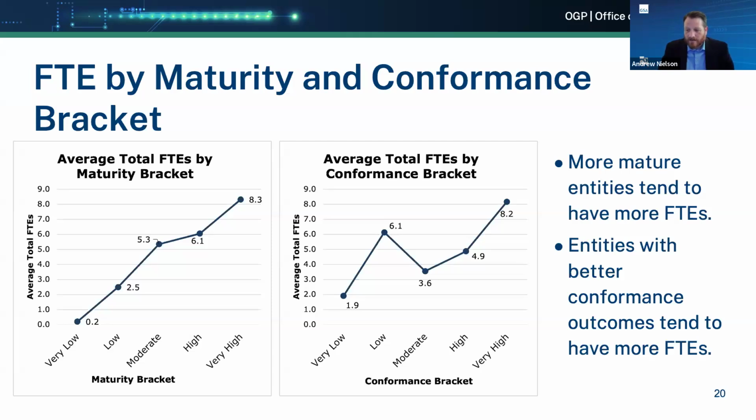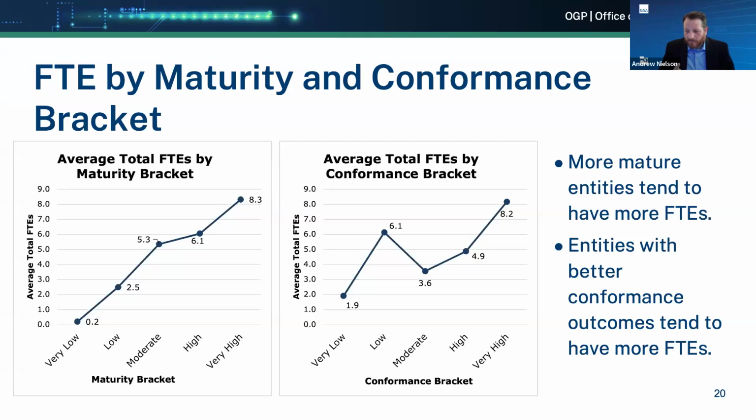On the right side, we do see quite an anomaly. Again, it's not at all a straight line. For very low conformance, where we have FTEs compared to conformance, 1.9 average FTEs for agencies that have very low conformance.